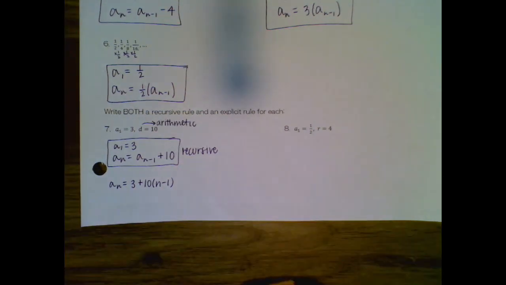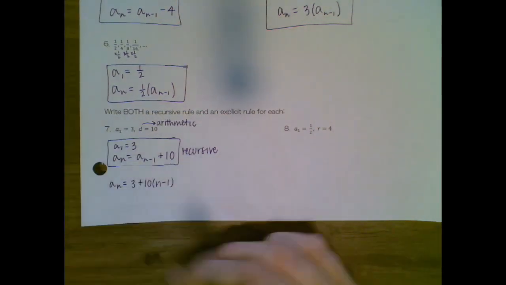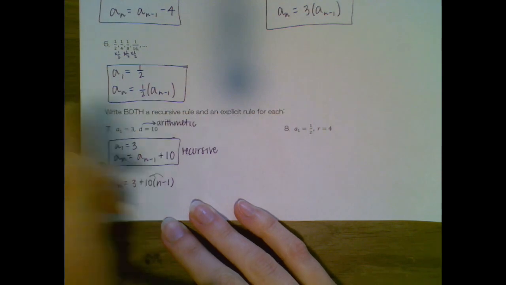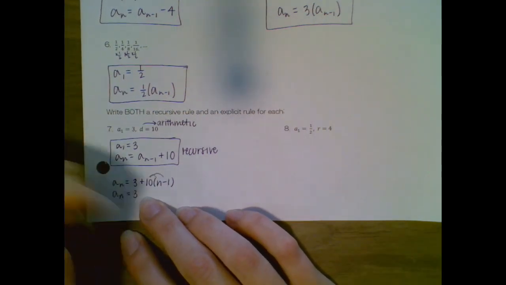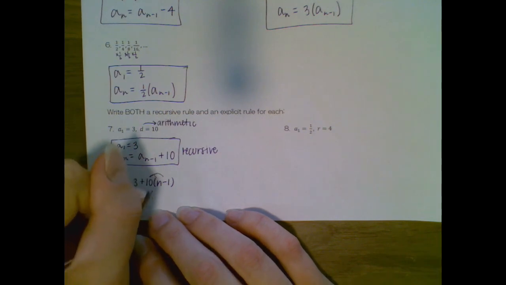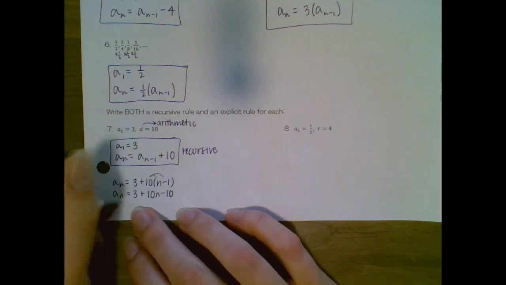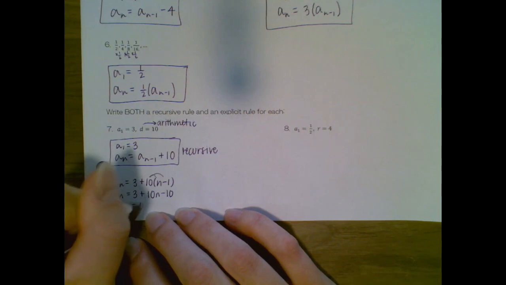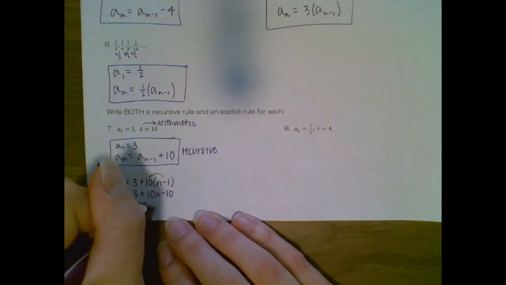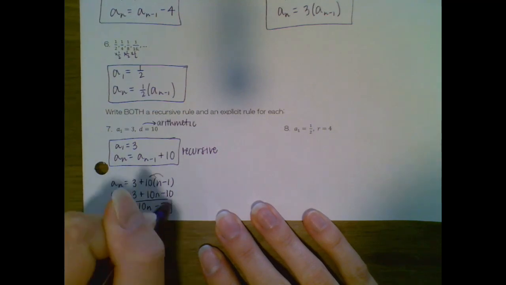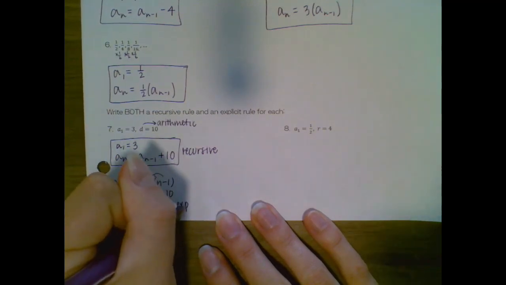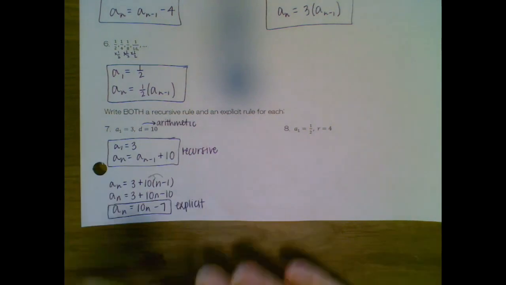So I'm just going to go ahead and simplify that by distributing the 10. So a sub n equals 3 plus 10n minus 10. So a sub n is 10n, and 3 minus 10 is negative 7. So this is the formula for the explicit rule.